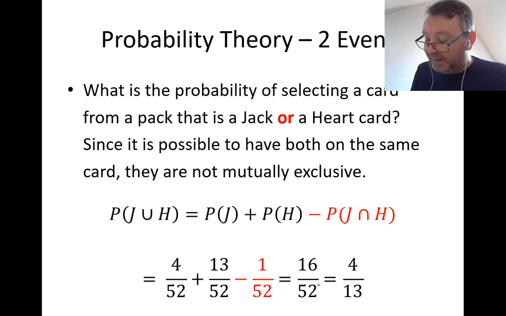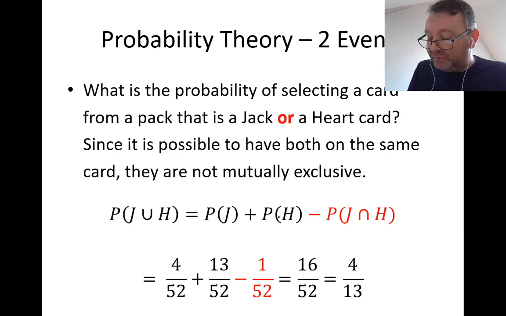So when you do that on your calculator, you end up with 16 over 52, which is 4 over 13. Try as best you can maybe to keep the denominators close to each other in value, because it just makes the addition and subtraction easier. I could have said here 1 over 13. I could have said here 1 over 4, but they're different denominators. So instead, there are 4 jacks and 52 cards.